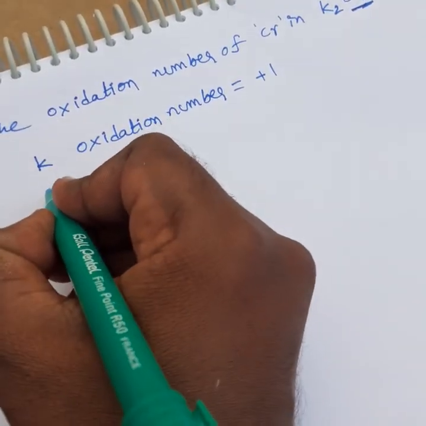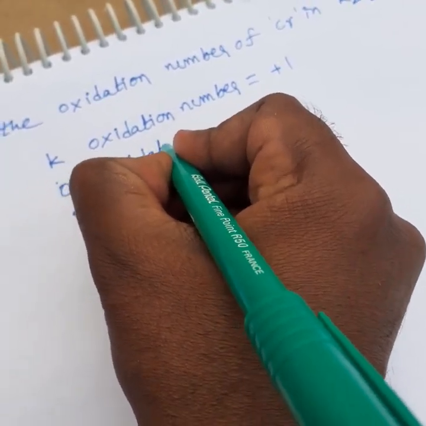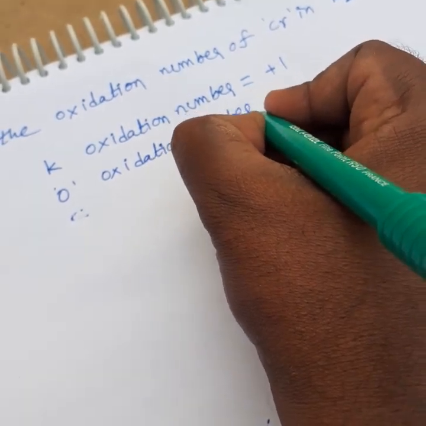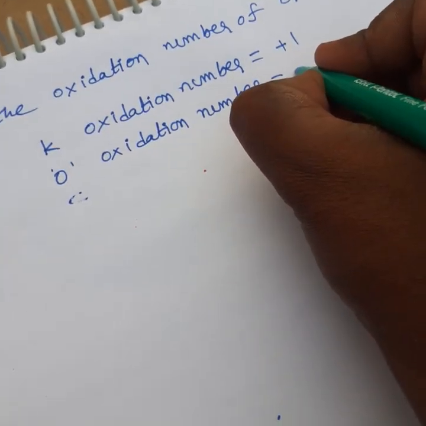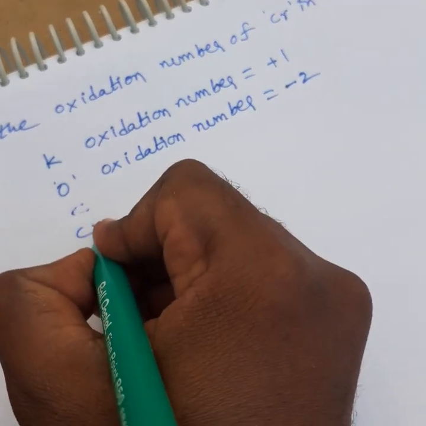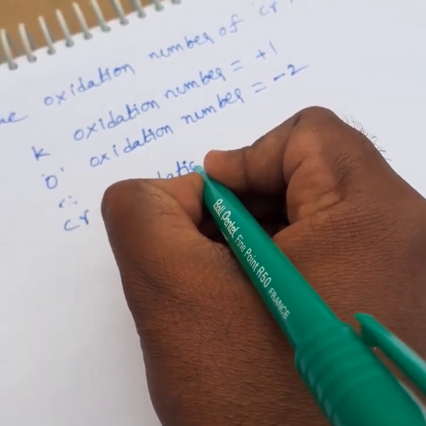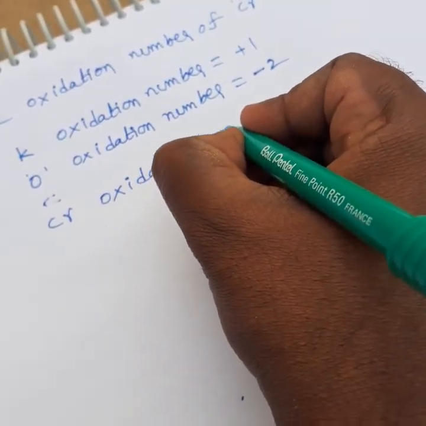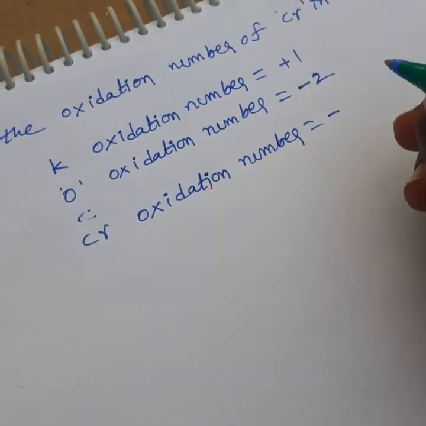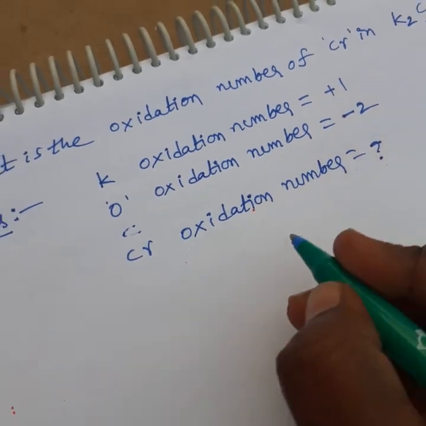And next, oxygen oxidation number is equal to -2. And chromium oxidation number is equal to question mark. Here we can find out.